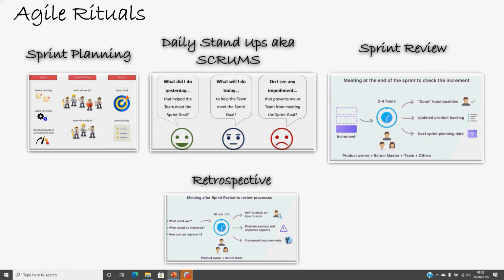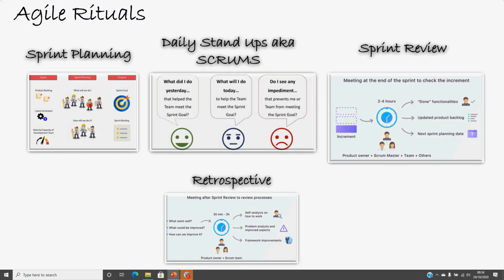So these are the meetings, these are the rituals which are kind of mandatory in Agile, because Agile is not just a methodology, it is much more than a methodology. It's like a culture. And when you have a culture, then there are certain rituals in that culture as well, which need to be adhered to.